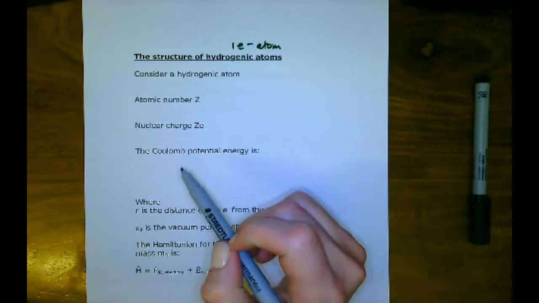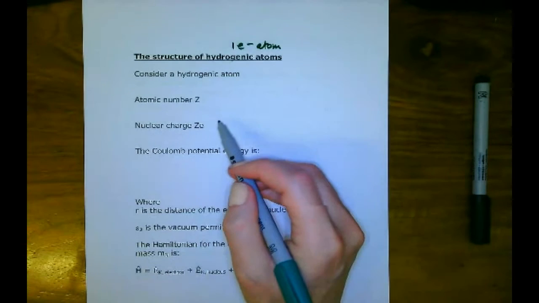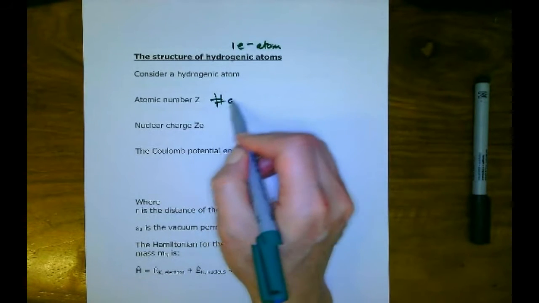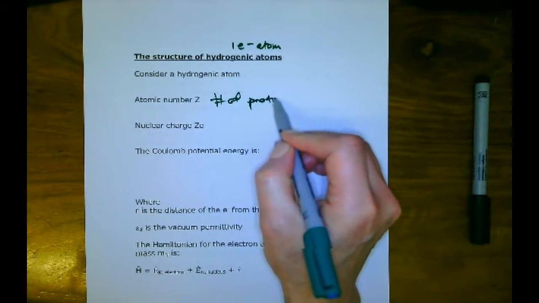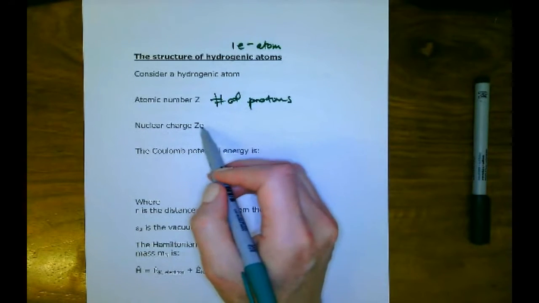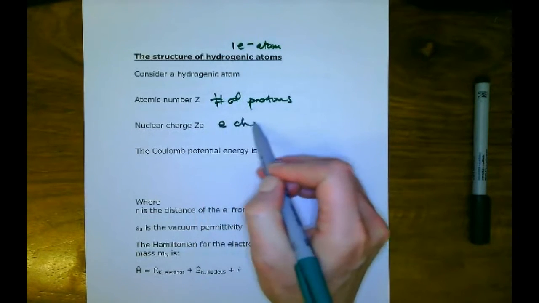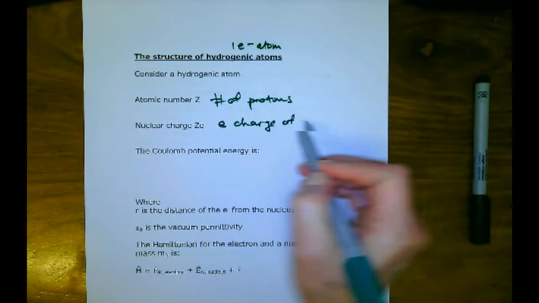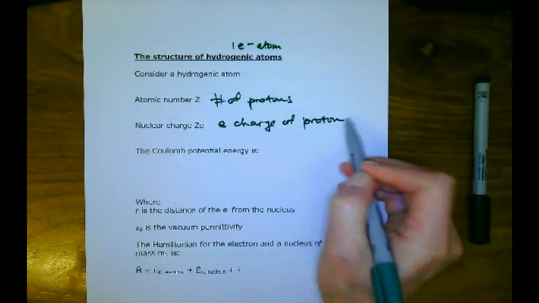So let's look at any hydrogenic atom. It has an atomic number Z, which is the number of protons. It has a nuclear charge Z times e, where e is the charge of the proton.